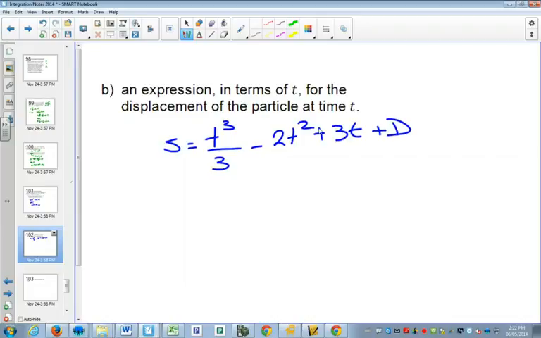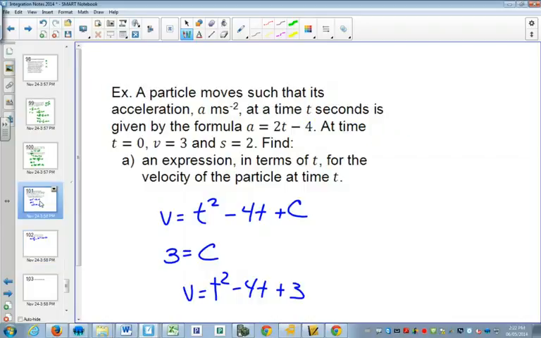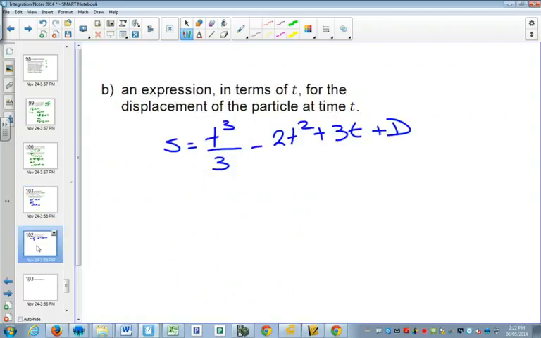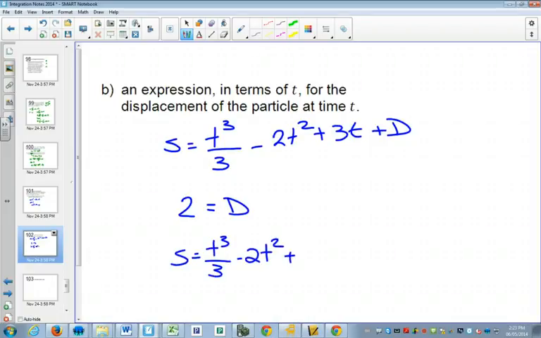And what was the initial displacement? S is 2. So then you would get d is 2. Because when t is 0, s is 2. And so there's your equation for displacement.